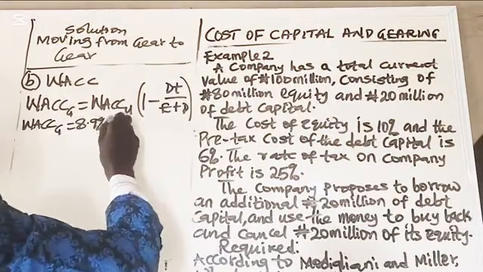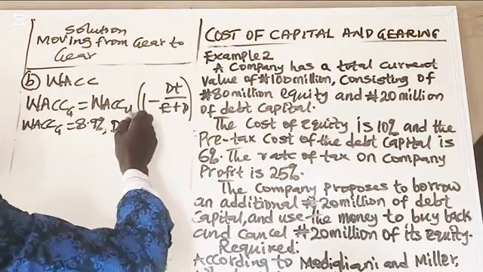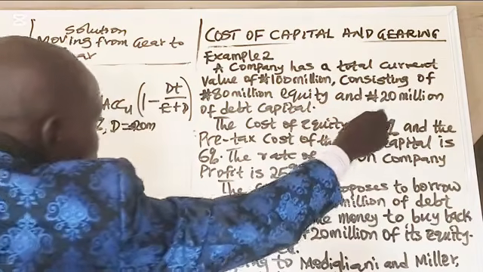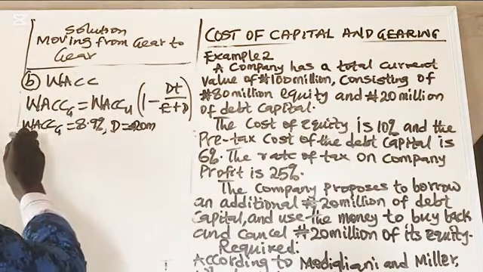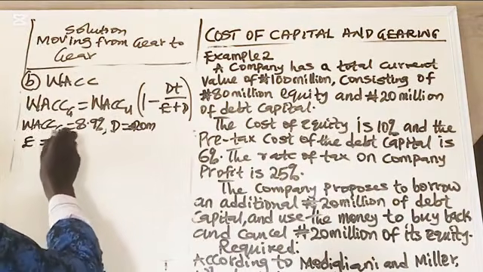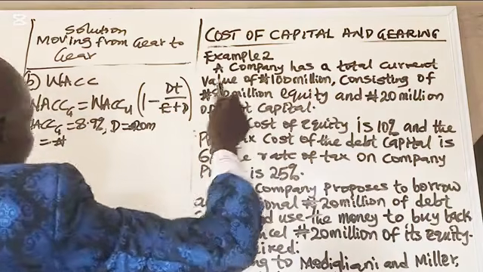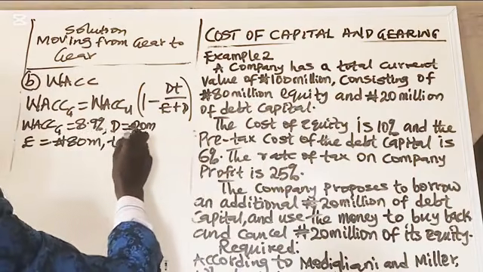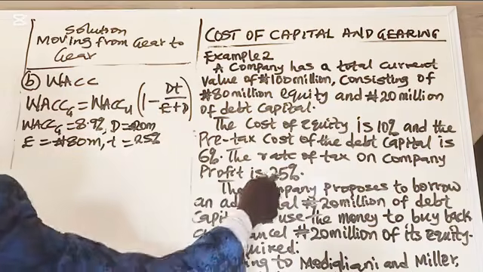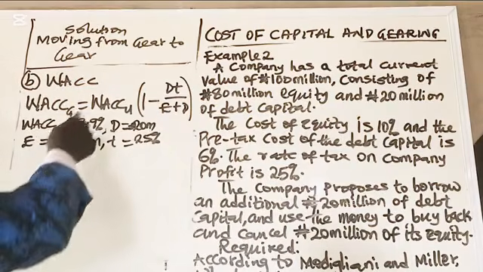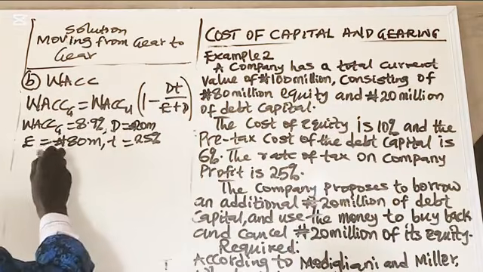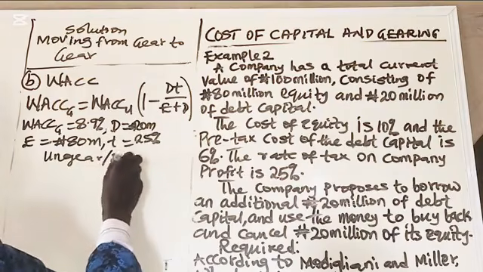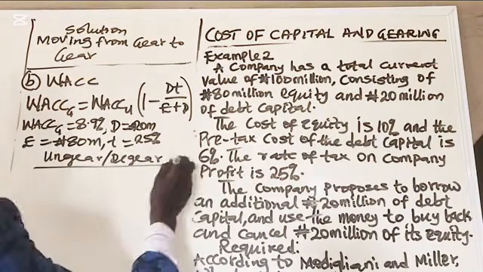The value of debt, the old debt, is 20 million, as given. The old equity is 80 million. As given in the question, the tax rate still remains 25%. So you want to ungear, or degear. I gave you 3 steps: you first of all ungear.